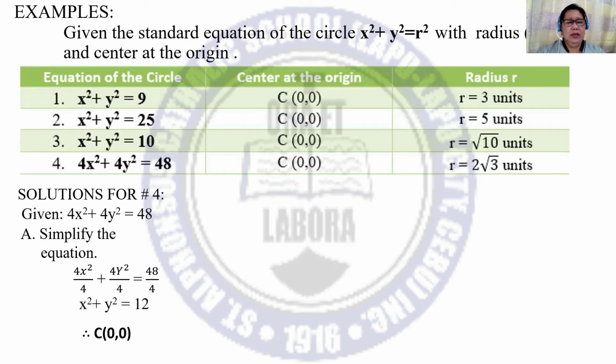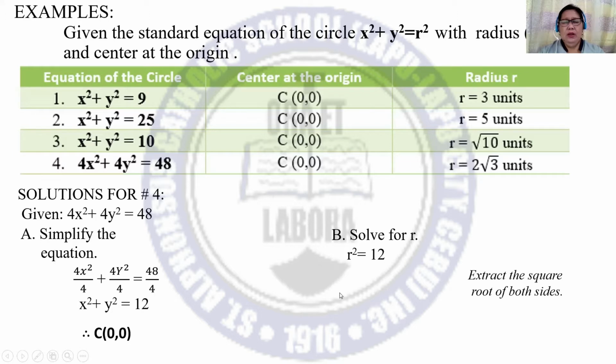So the center is at the origin, so the coordinates, we have 0, 0. And to solve for the radius, this part is the r squared. So r squared is equivalent to 12. All you have to do is to extract the square root of both sides. So we can cancel the square together with the symbol.